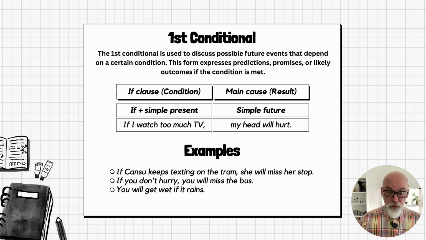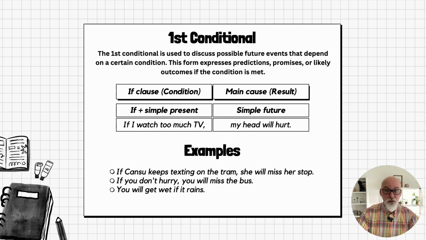Now, for the if clause, the condition part, we use the simple present again, like in the zero conditional, but now in the main clause, we use the future tense, will plus verb.